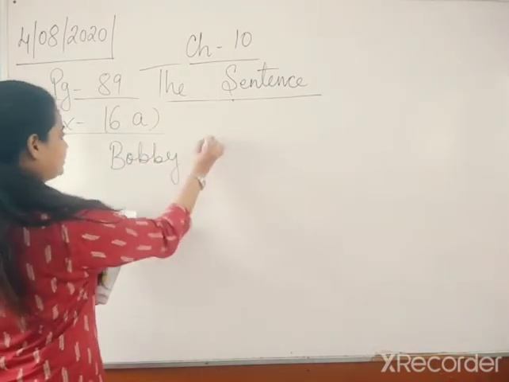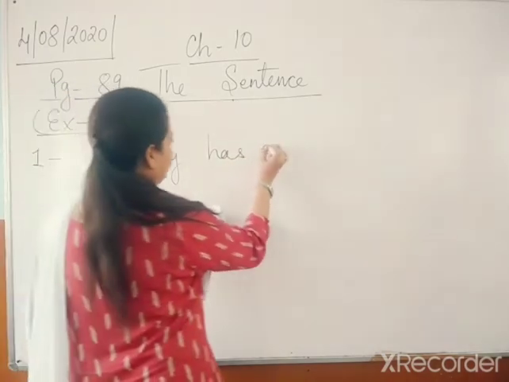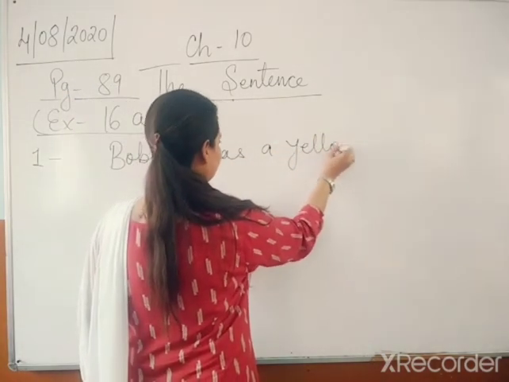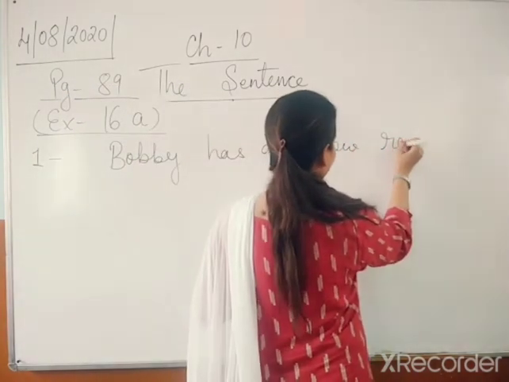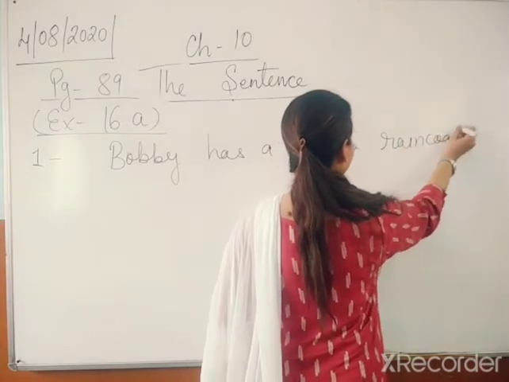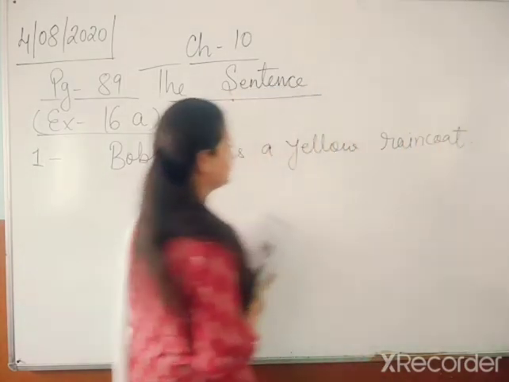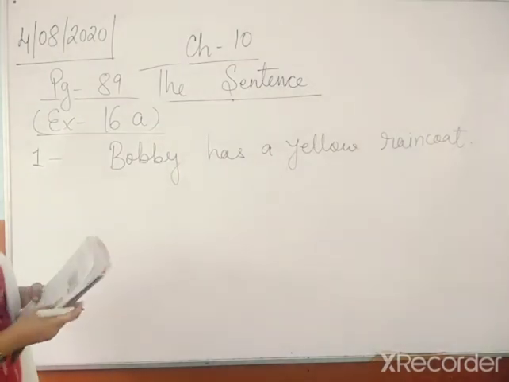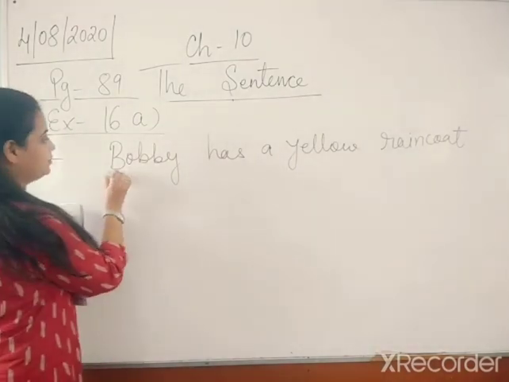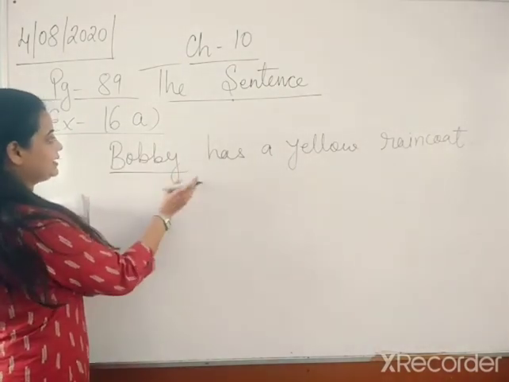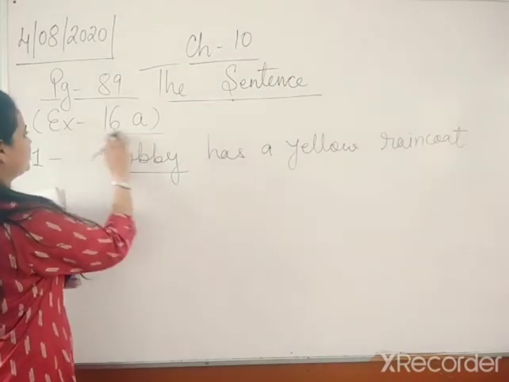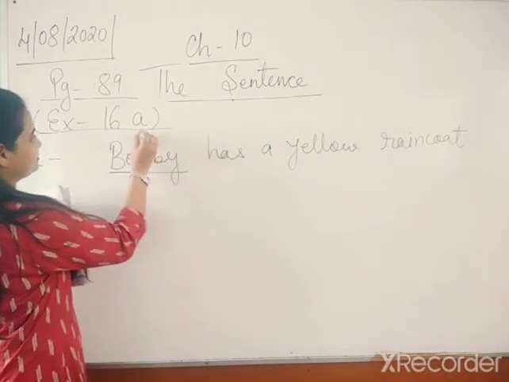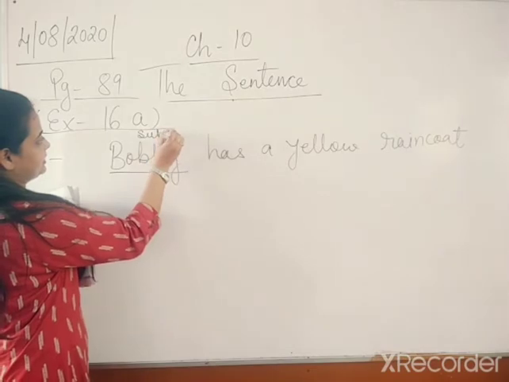Bobby has a yellow raincoat. Yeah. So in this sentence, what is the subject? Bobby. Okay. Underline it, and in front at the top of this you can write subject, S-U-B-J-E-C-T.